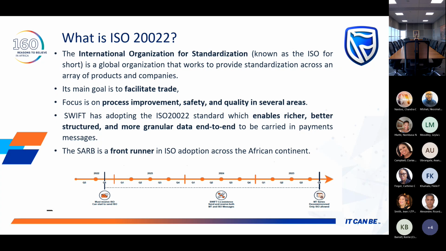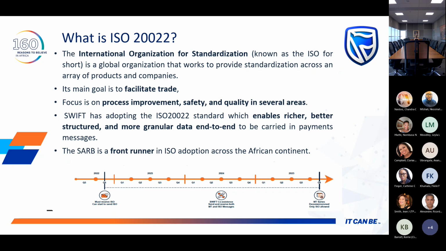And it also gives us as banking and as companies the ability to utilize that data in improving how we process our payment, use the data in terms of analytics and data intelligence. So this message type really gives us a better enrichment in that sense of messages.